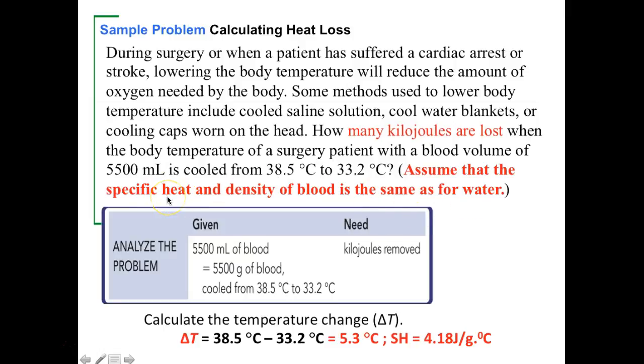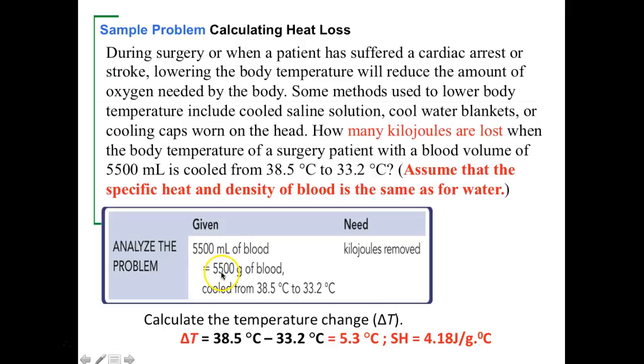So it's going to be 4.184 joules per gram degree centigrade, and the density of blood is the same as for water, in which case 5500 ml will be 5500 grams, because the density of water is 1 gram per ml.